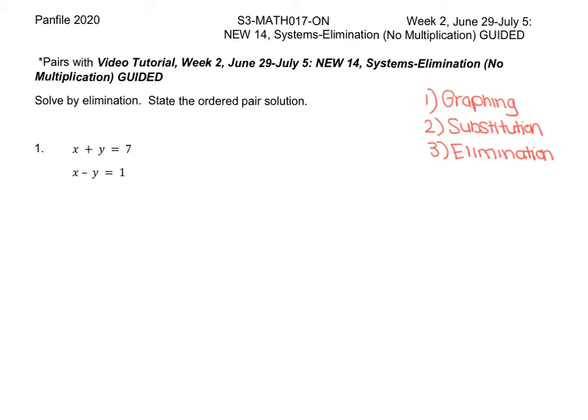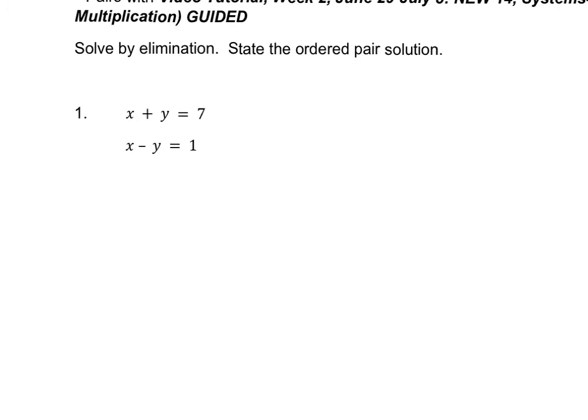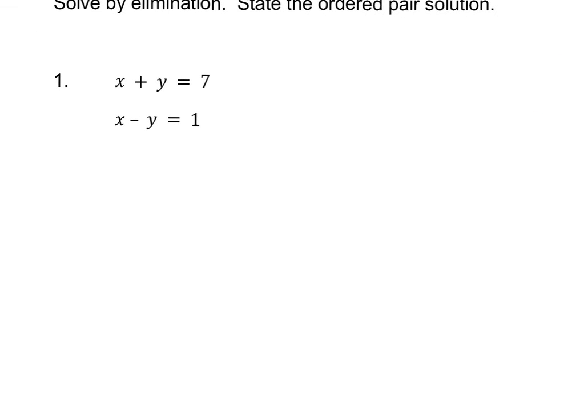If we look at number 1, that will happen not with the x's but with the y's, because the y's have opposite signs. One's a positive and one's a negative, and there's a 1 in front of both of those, right? So I have a 1 here and a 1 here.